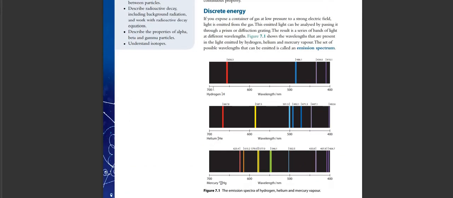You can see in this example that hydrogen has a peak at 656, at 486, at 434, and 410. Meanwhile, helium has a peak at 667, 587, 501, 492, 471, 447, and 402. Like that, each and every element has a very distinct emission spectrum.